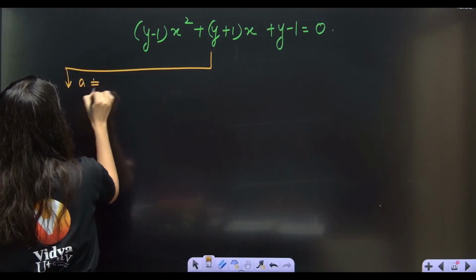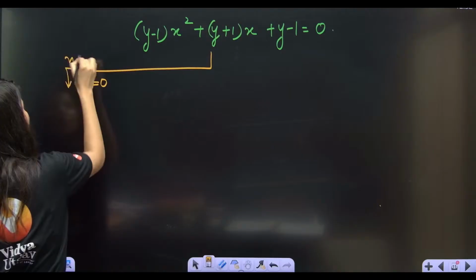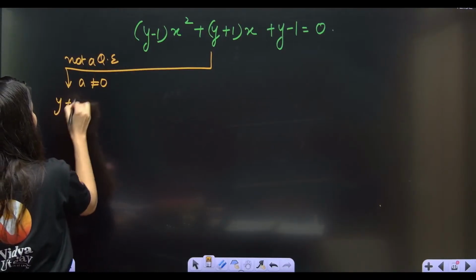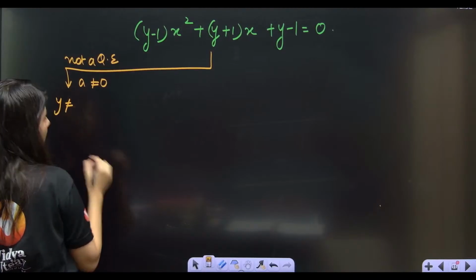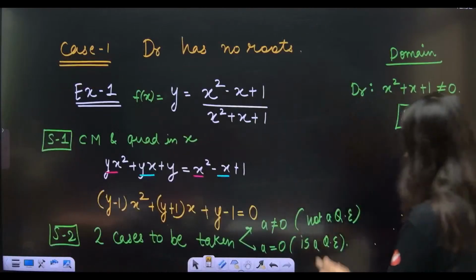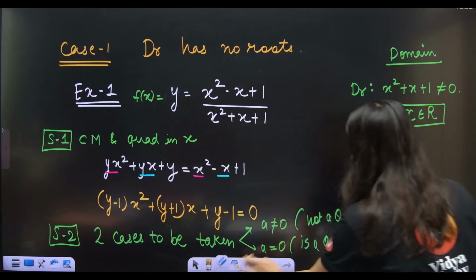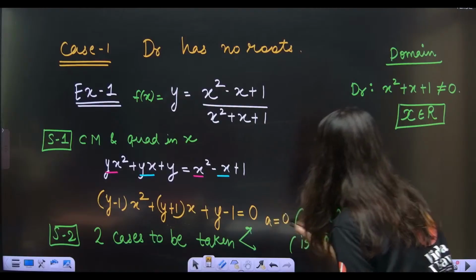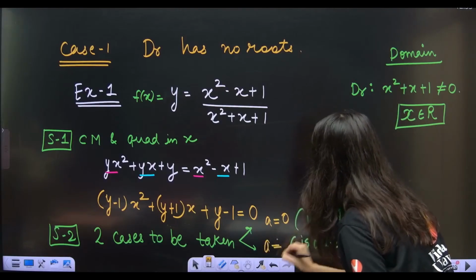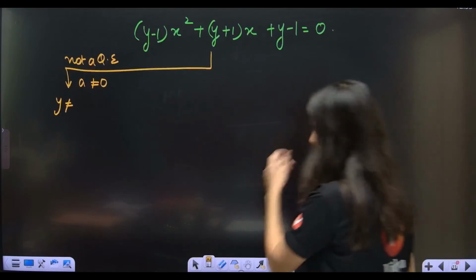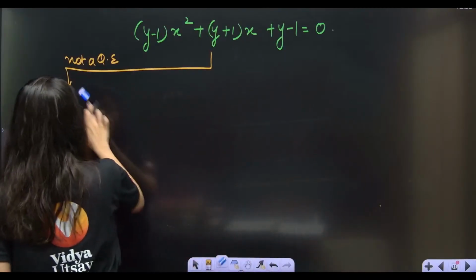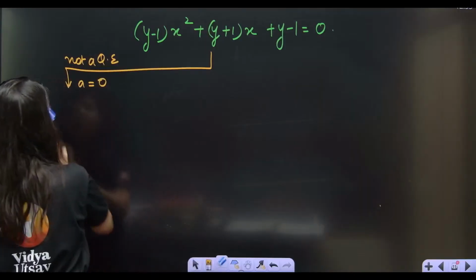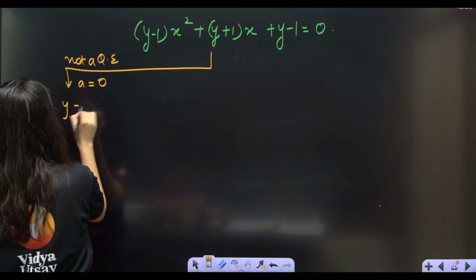A not equals to 0... sorry, hold on, reverse thing. A equals to 0 means not a quadratic. A not equals to 0 means quadratic. So now not a quadratic means a equals to 0, which means y should be equals to 1.